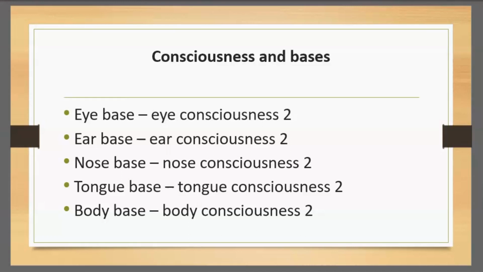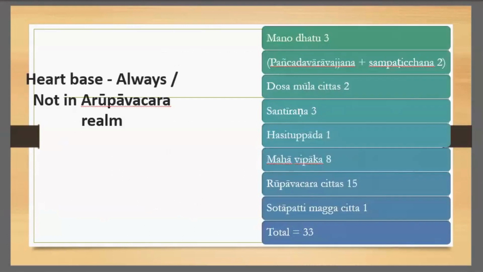Eye consciousness arises based on eye base. 2 ear consciousness arise based on ear base. 2 nose consciousness arise based on nose base. 2 tongue consciousness arise based on tongue base. 2 body consciousness arise based on body base. Then heart base.